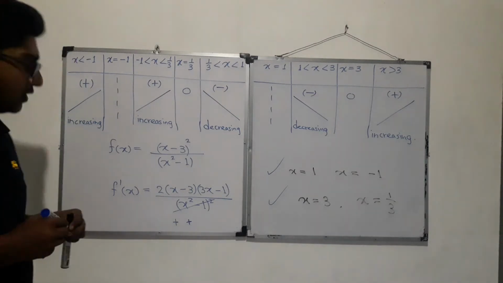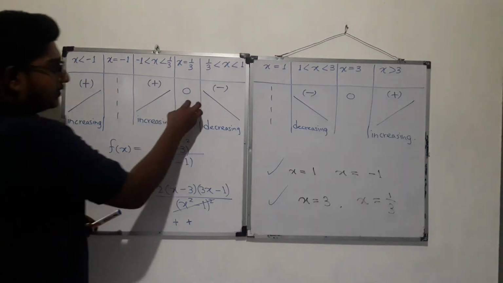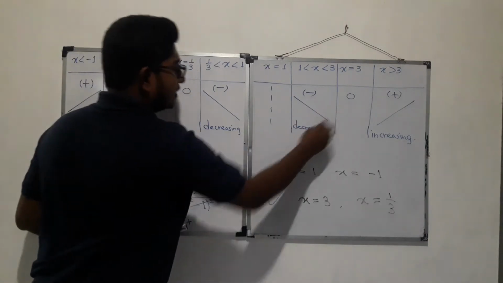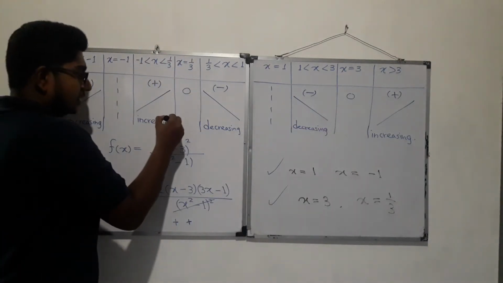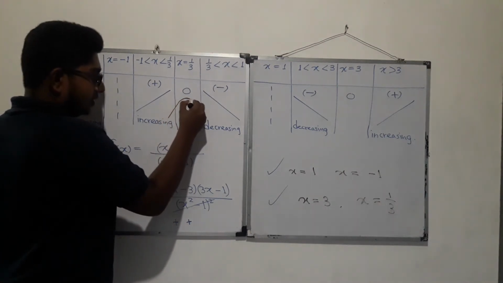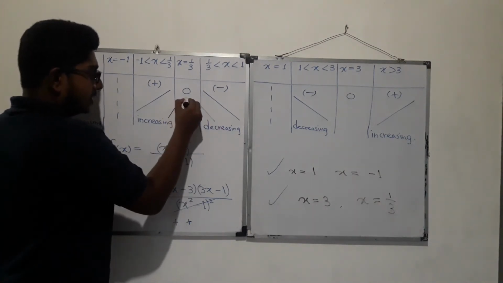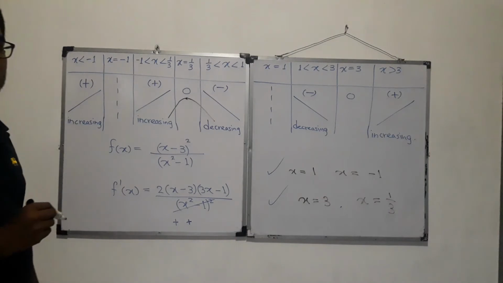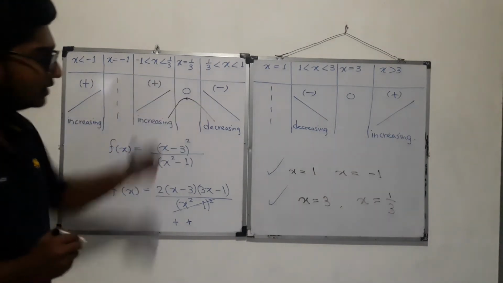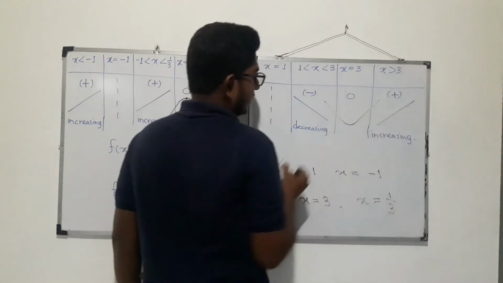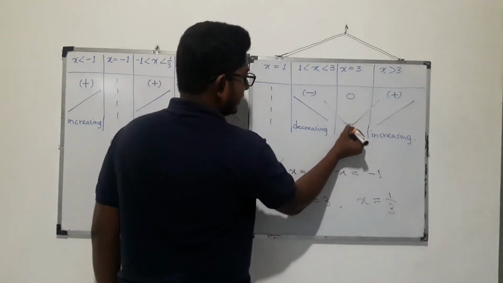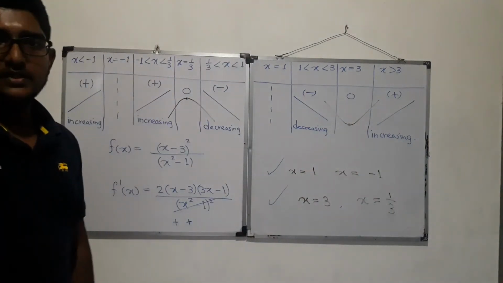Now, from these locations, you can see the gradient is increasing and becoming 0 and decreasing. That means this particular point is a maximum. Here we have decreasing, becoming 0 and increasing. That is, here we have a minimum point.